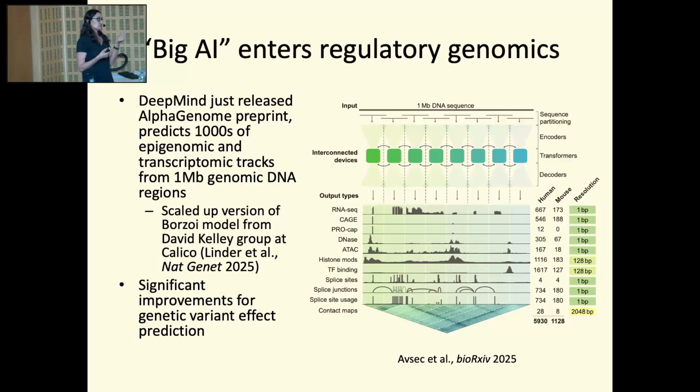What does this variant do? Okay, and it seems like they're achieving state-of-the-art performance for variant effect prediction, which is still not perfect, but we're getting towards understanding what the non-coding genetic variants do. Okay, so that's the background of what is happening in this field.